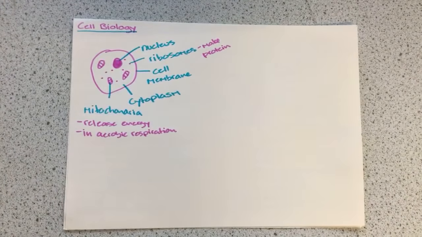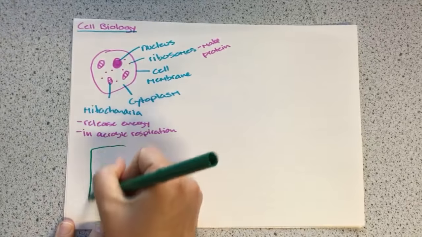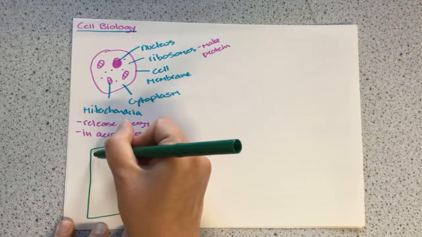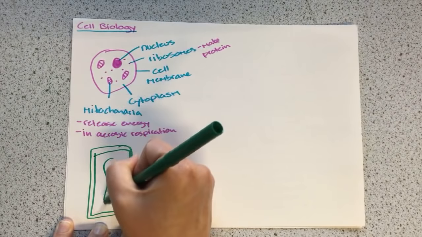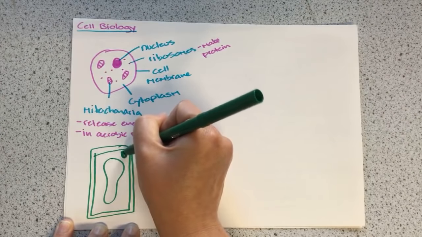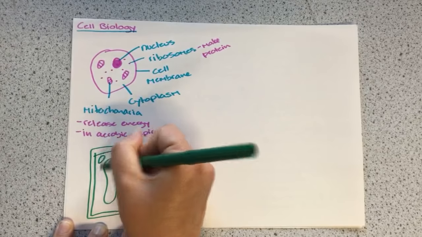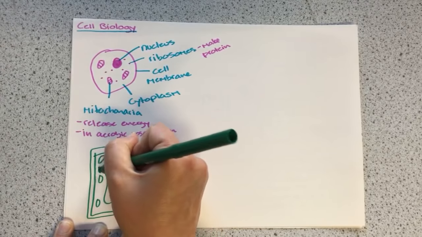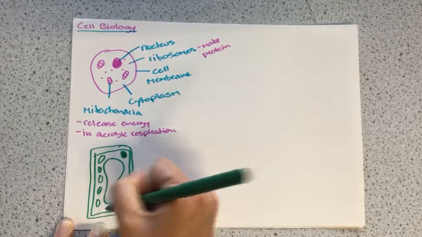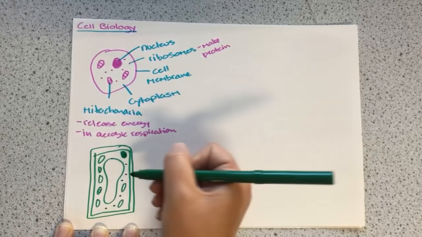If we then look at a plant cell, these are usually a square shape, and you can identify them because they've got a large vacuole, obviously got a nucleus. They've also got chloroplasts. So as well as having the mitochondria, which are the smaller stripy ones, and ribosomes, they have got chloroplasts as well.